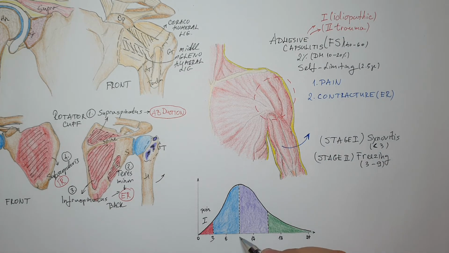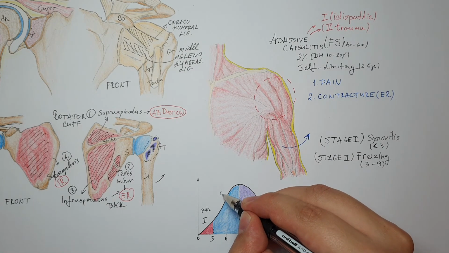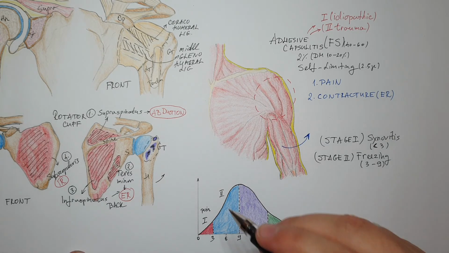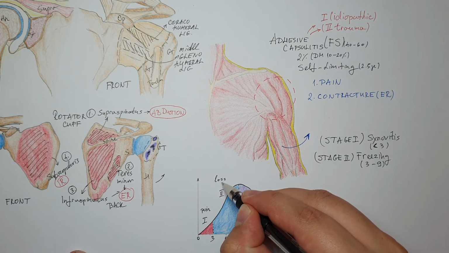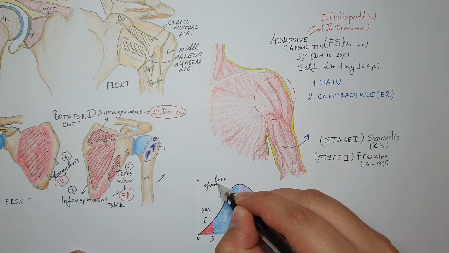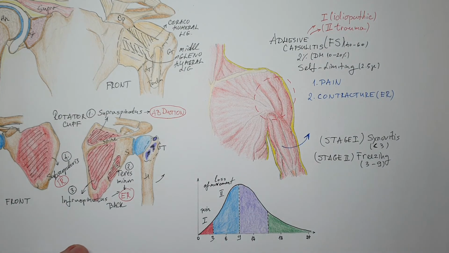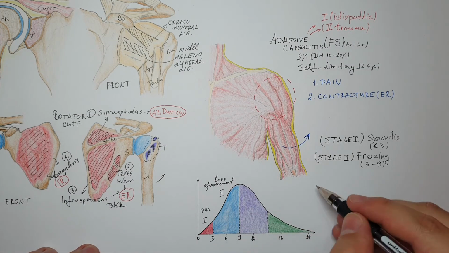And in this stage, so the second stage, there are changes in the capsule. So there is fibroplasia of the capsule of the joint, and there is loss of movement. So there is loss of movement in the second stage.